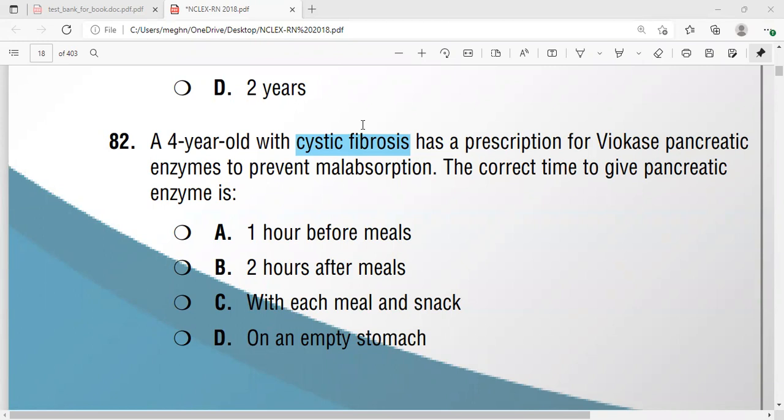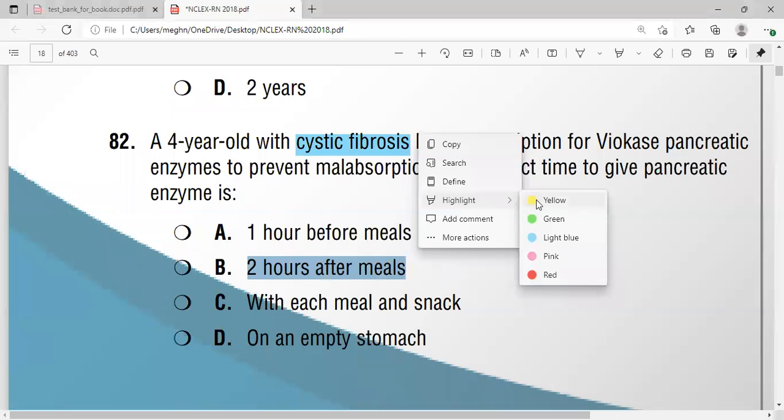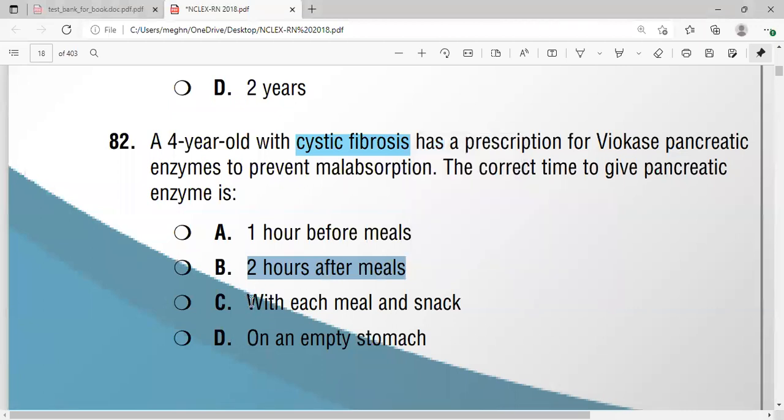The correct answer here is number C, with each meal and snack. This is the correct answer, right?